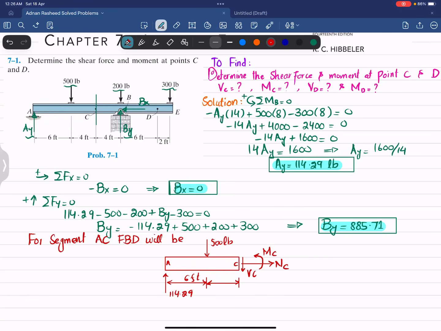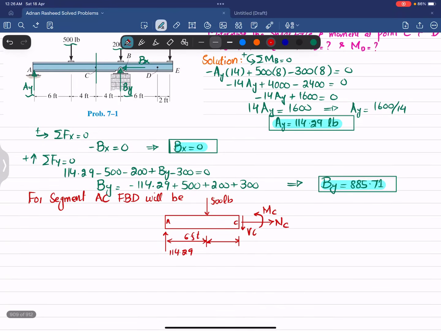So we are going to find VC and MC by using the equations of equilibrium. The first is that the sum of all forces along the x direction must be equal to 0, with force toward the right positive. There is only one horizontal force, NC, and no other force, so NC is equal to 0.